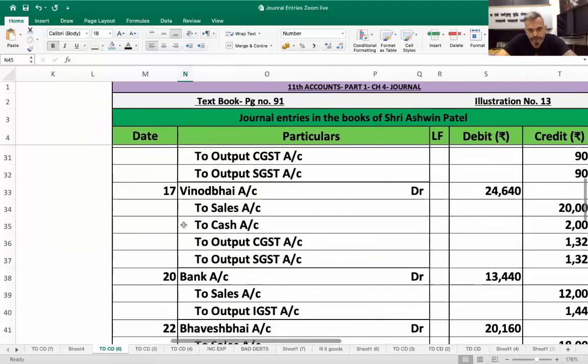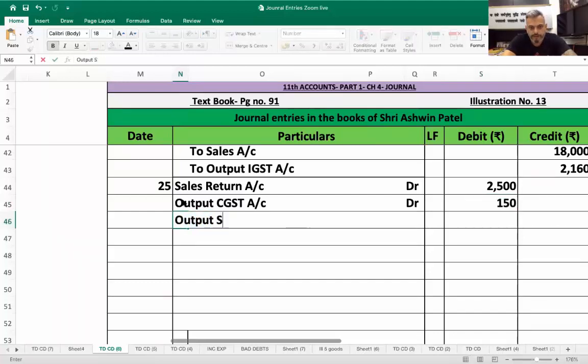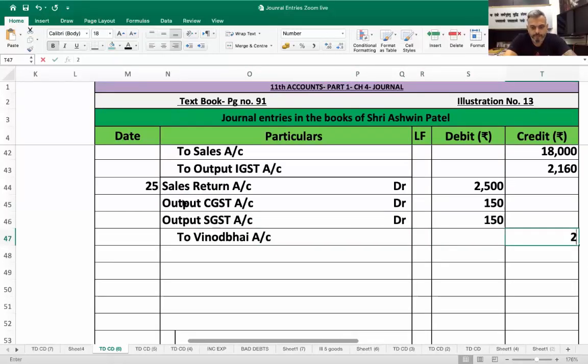This is Vinod Bhai of Valsad. You can see over here we have used output. So here also output CGST account debit 6%, 2,500 into 6%, 150, and output SGST account 150, to Vinod Bhai 2,800.